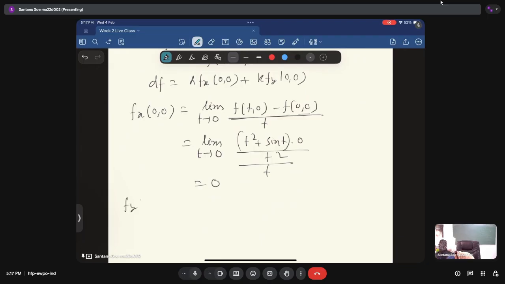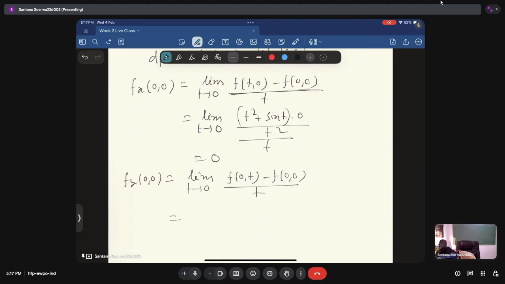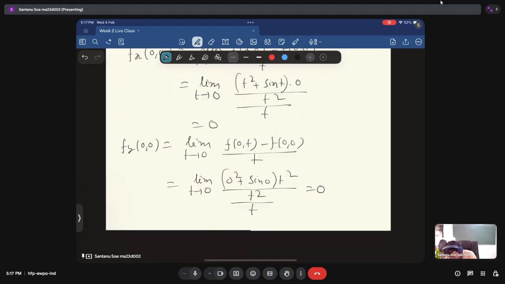Similarly, fy at (0, 0) is the limit as t tends to 0 of f(0, t) minus f(0, 0) divided by t, and this is the same as the limit as t tends to 0 of (0 square plus sine 0 into t square) divided by t square, divided by t, and this is 0.